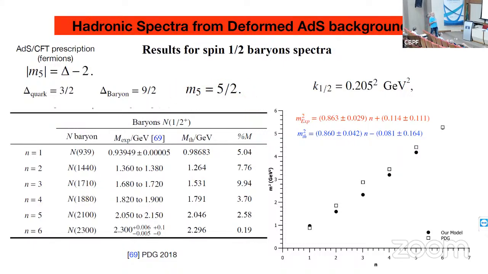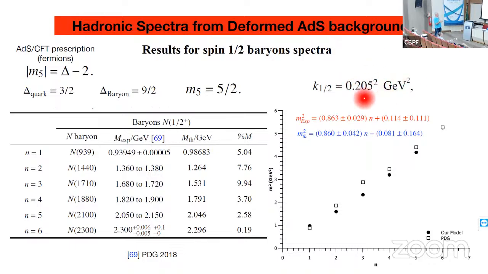Okay. Here I am also including the value of the k, which appears multiplying z in the deformation of the metric. I didn't mention before, but this is, let's say, a negative point of the model. For different families of particles, we need to use different values of k.